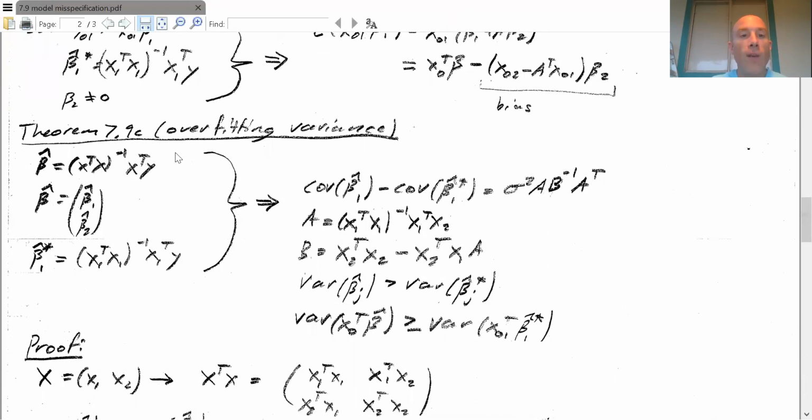Now, if I overfit on my variance, so here's what beta hat is, and you notice that here I have x1 and x2 in here, and then here's beta 1, beta 2, and here's beta 1 star hat, and we fit it this way. Then I see that we have a formula on the difference on the covariances.